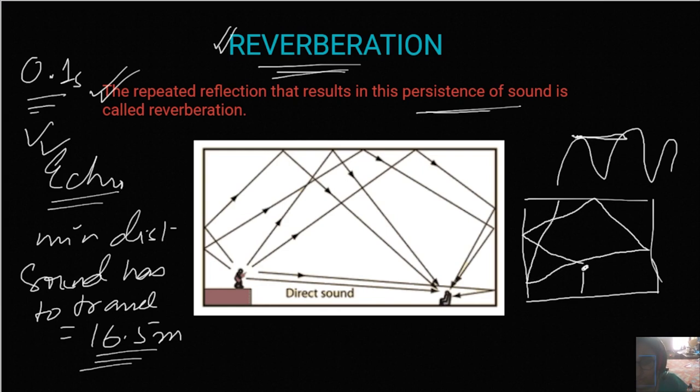So there's a repeated reflection. Each time the reflection is happening, you are able to hear the sound, right? And since the point of the reflection is every time different, when you accumulate all the reflections, you hear a standing sound for a longer period of time, right?